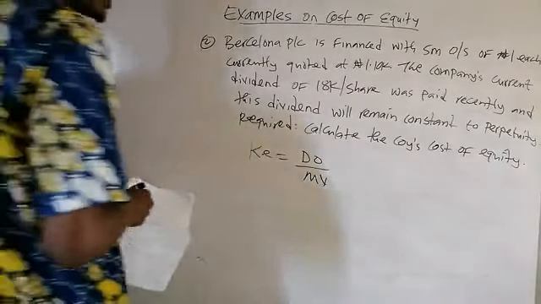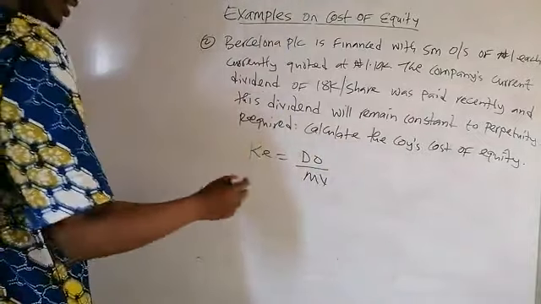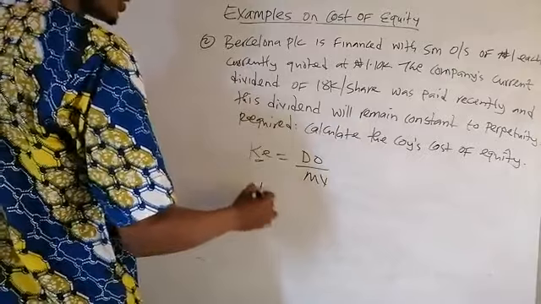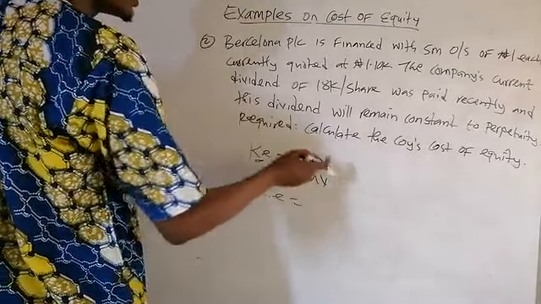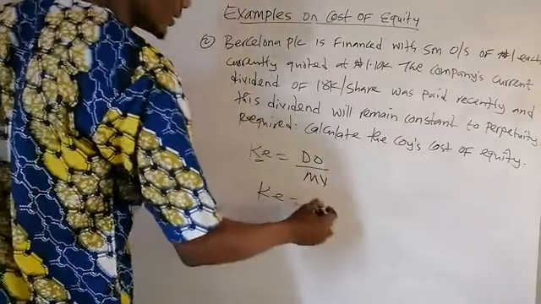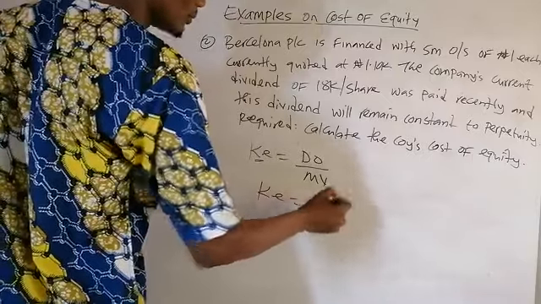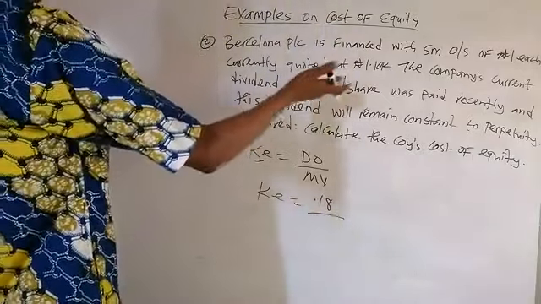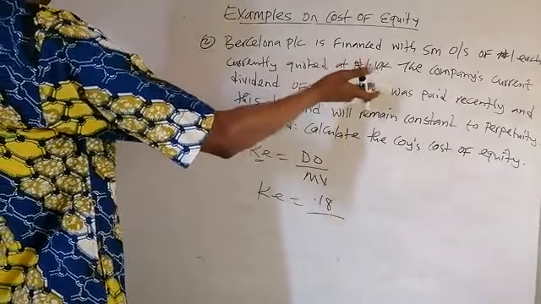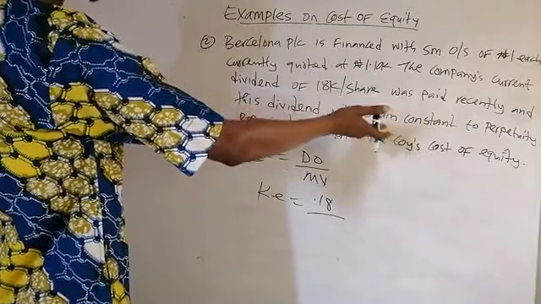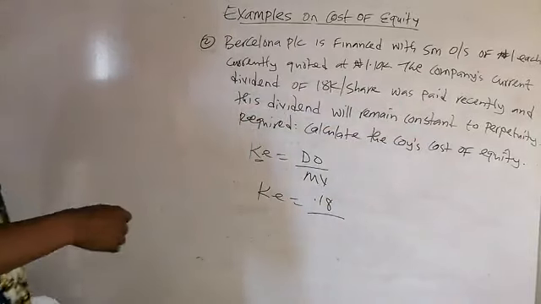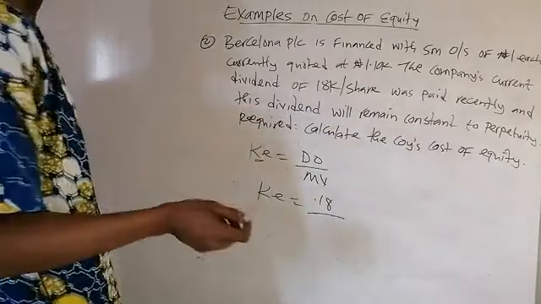By this, therefore, we are required to compute our cost of equity here. So our cost of equity is equal to, what is our D0? Dividend, that's 18 kobo, all over market value. So the next question to ask ourselves is, is the market value given to us in the question cum div price or ex div price?